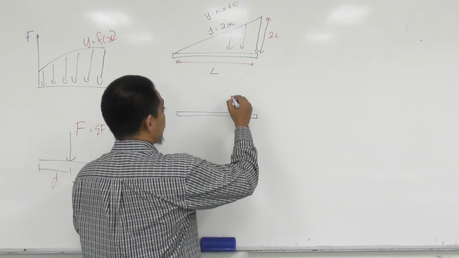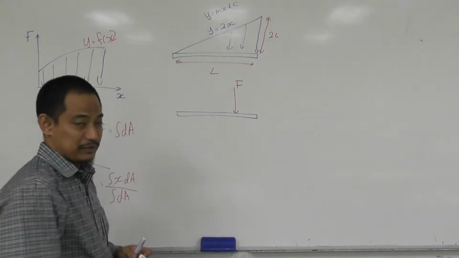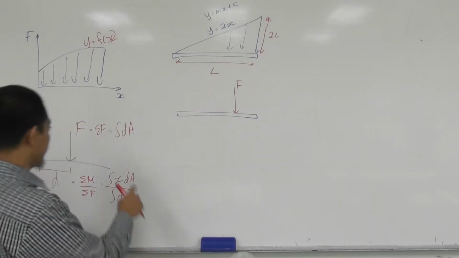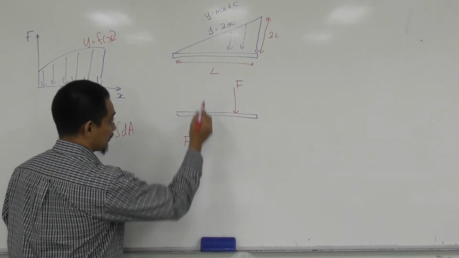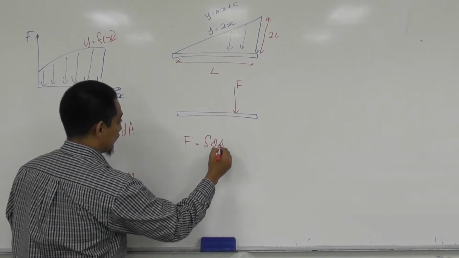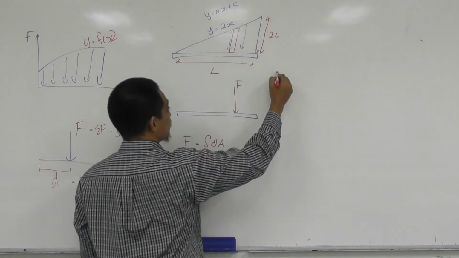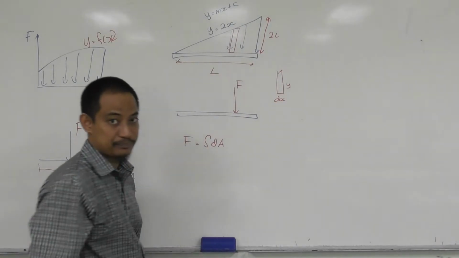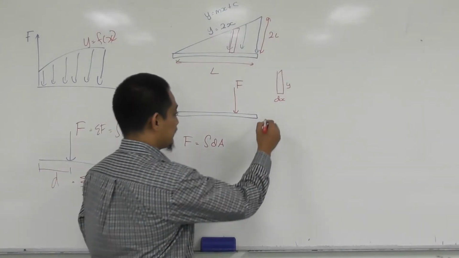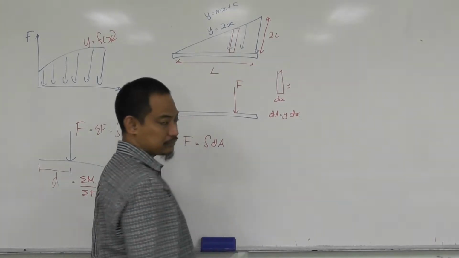So we can put here, let's say F, right? Now, first in terms of the value, F according to this is just the summation of area under the graph, or integration of dA. If you take an element there, this one will be dx, this one will be y, so dA will be y dx.